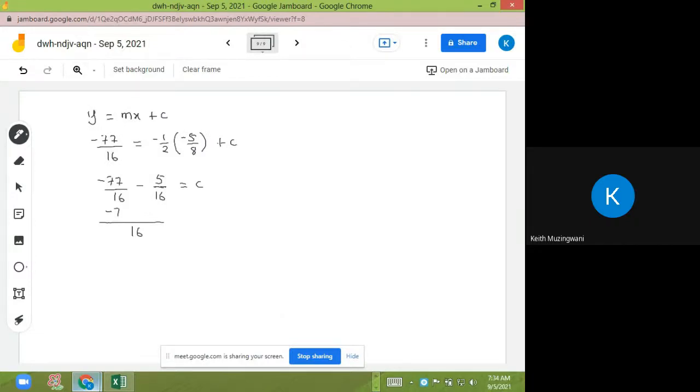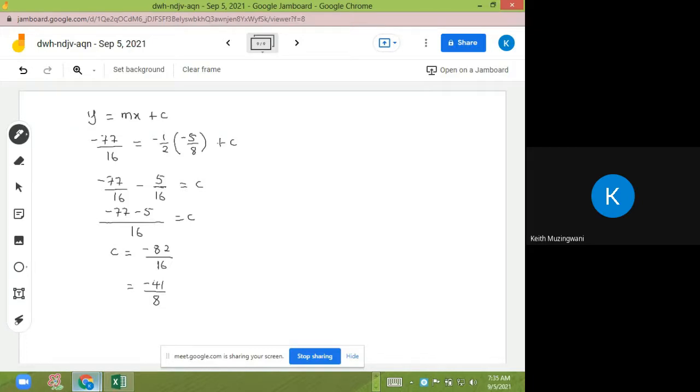So we have negative 77 minus 5 is c. So that c is negative 82 over 16. We can simplify. What goes in there? 2 goes in it, 41 times. In 16, 8.